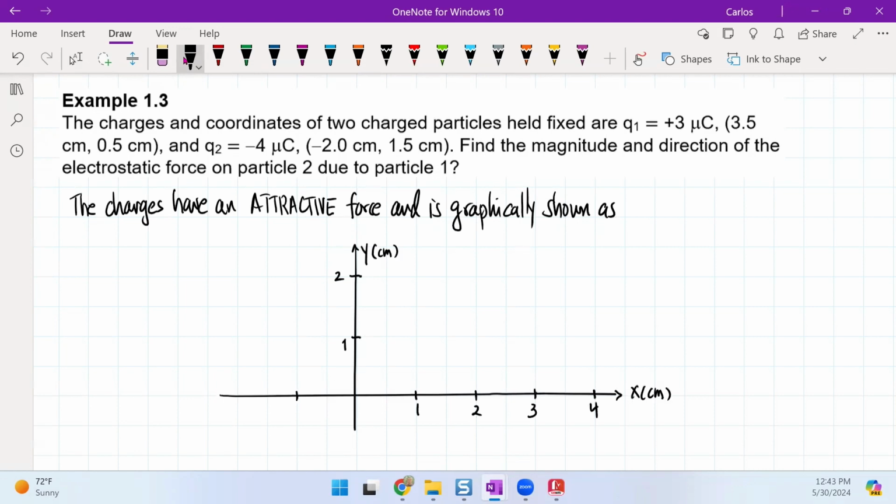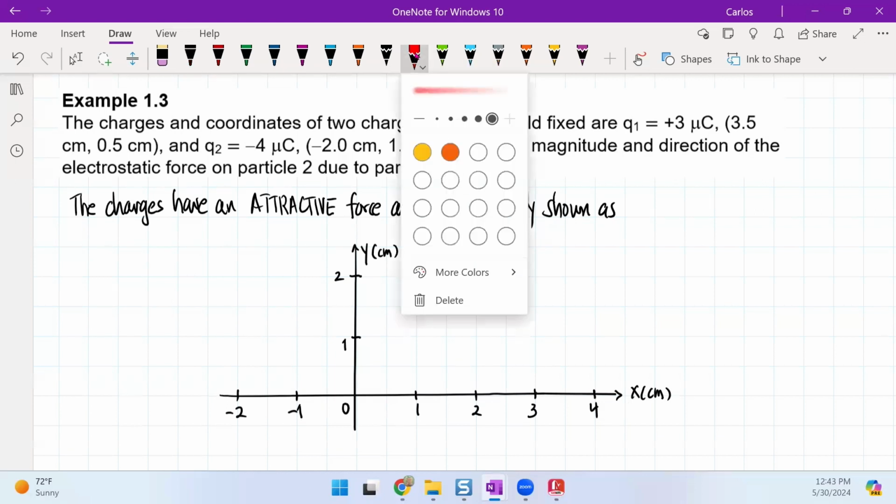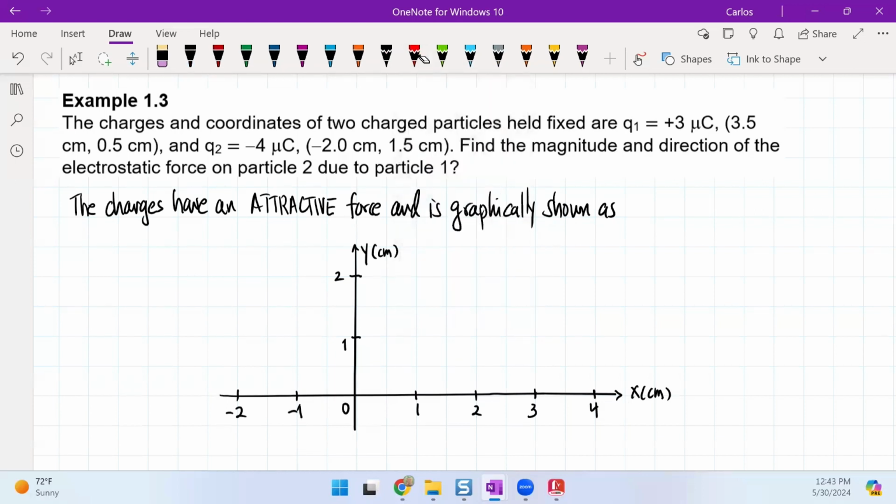And then this will be -2, -1, and of course, this will be our origin. So when I look at my charges, I could see that charge 1 is at 3.5, right? This guy's at 3.5, and it's 0.5 centimeter up, so it's going to be right here.